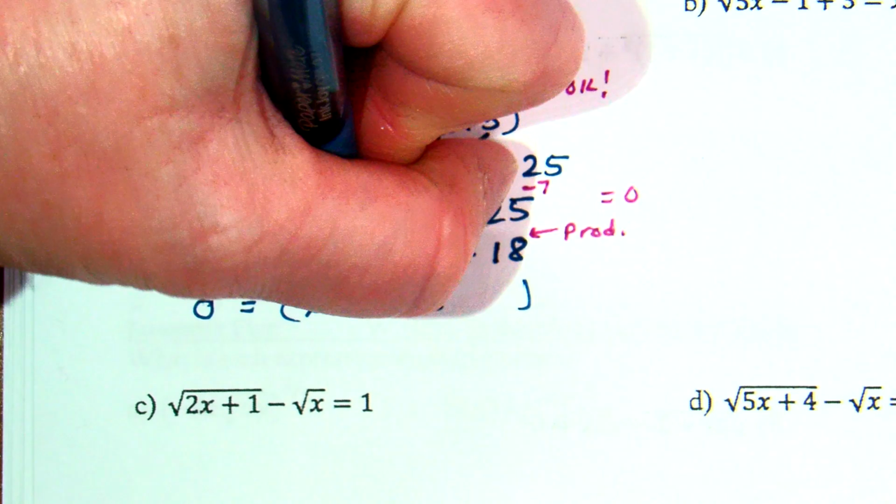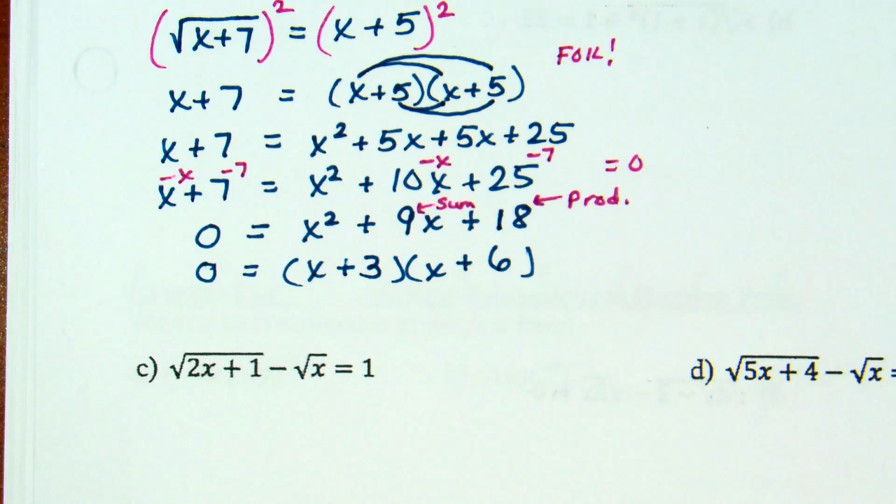Think back. How do we actually finish solving here? You said each one of them equal to 0. Yeah. Zero product property says if two factors multiplied equal 0, we set them each equal to 0. And so we're going to set x plus 3 equals 0, or x plus 6 could equal 0.